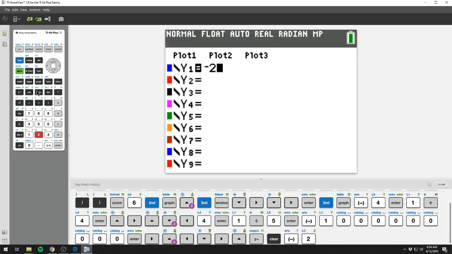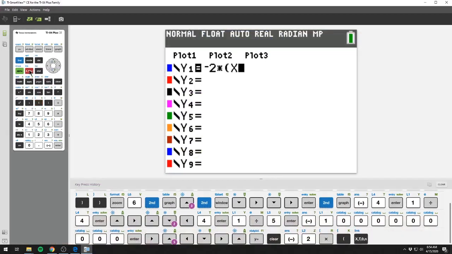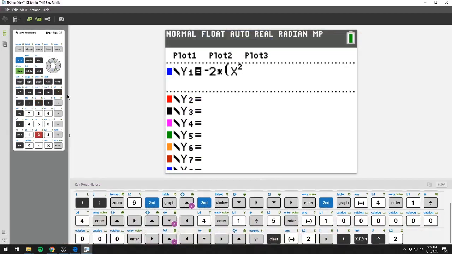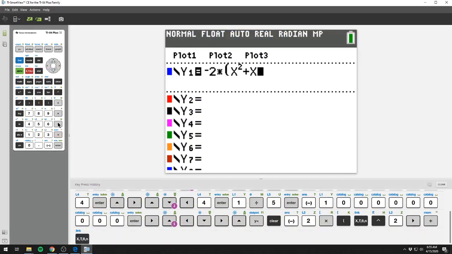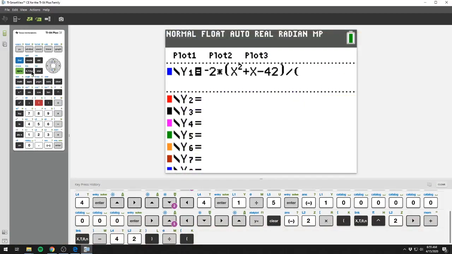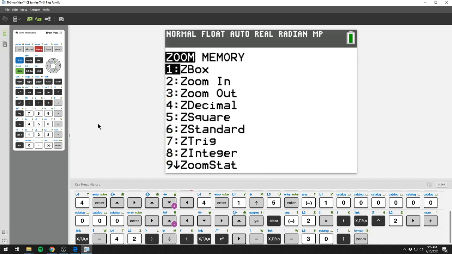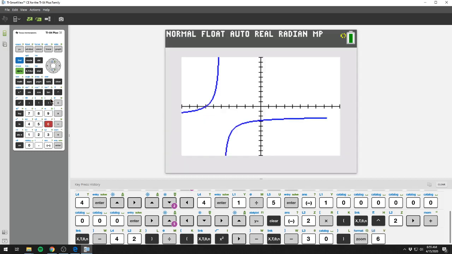We had our -2 out front times, and the numerator we have, once again, put it in parentheses, x squared plus x minus 42 divided by the denominator, which is x squared minus x minus 30. That'll give you your picture. We didn't mess with the window, but you can always hit zoom 6 to see a nice picture.